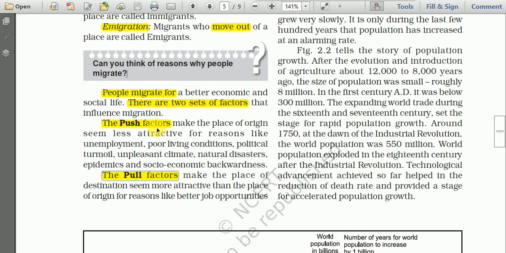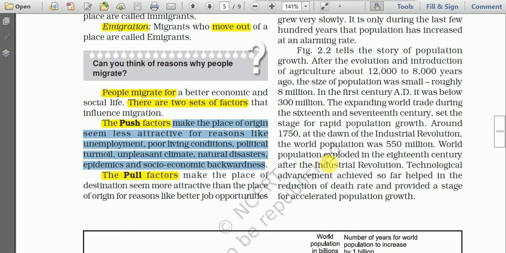So what are the push factors? Push factors make the place of origin seem less attractive, for reasons like unemployment, poor living condition, political turmoil, unpleasant climate, natural disasters like cyclones, floods, landslides, then epidemics, and socioeconomic backwardness.